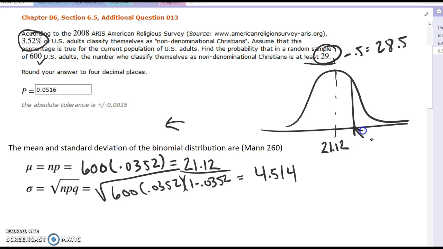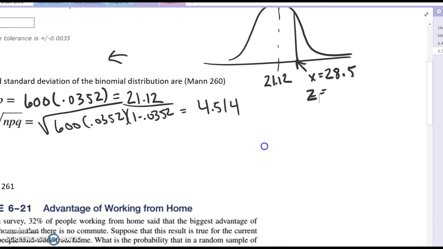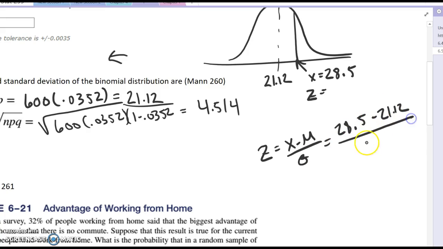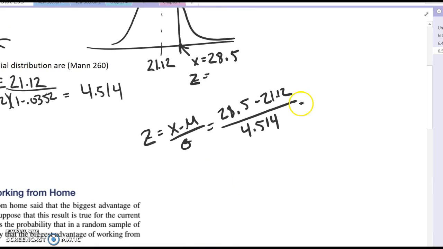So we're looking for the z value for 28.5. Z is going to be x minus the mean over the standard deviation. So 28.5 minus 21.12 divided by 4.514, and that gives us 1.63. This gives us our corresponding z value.